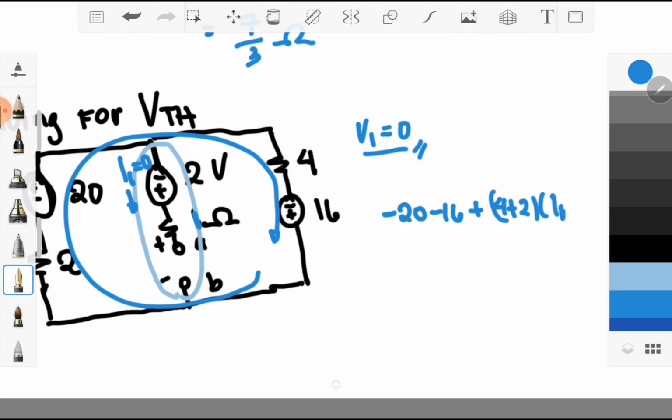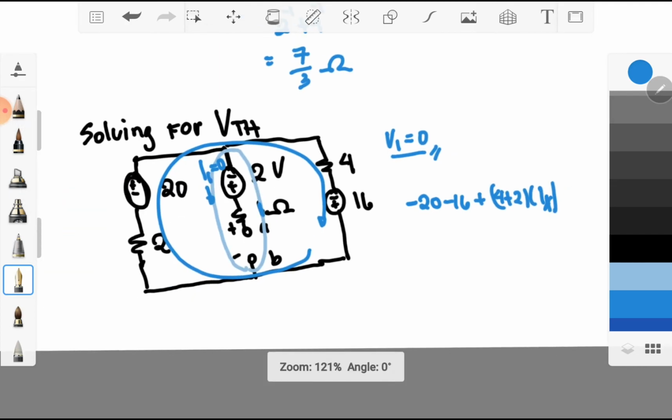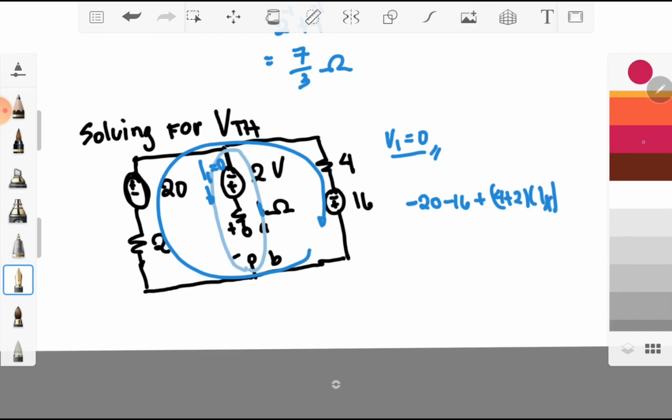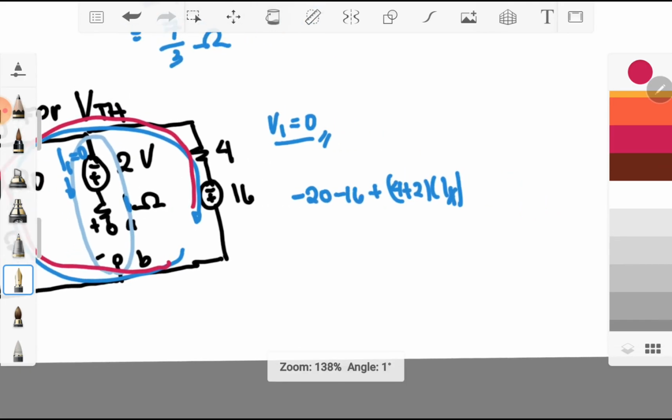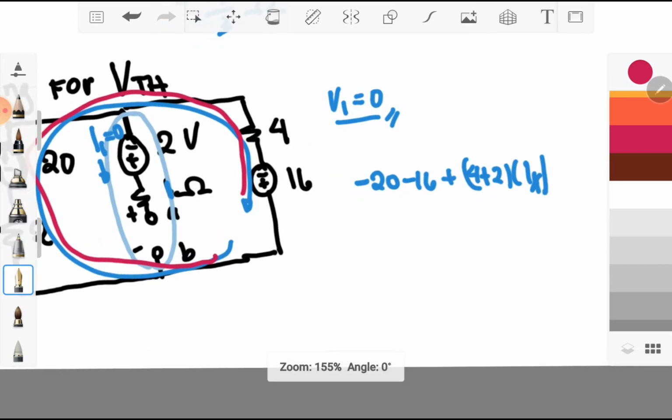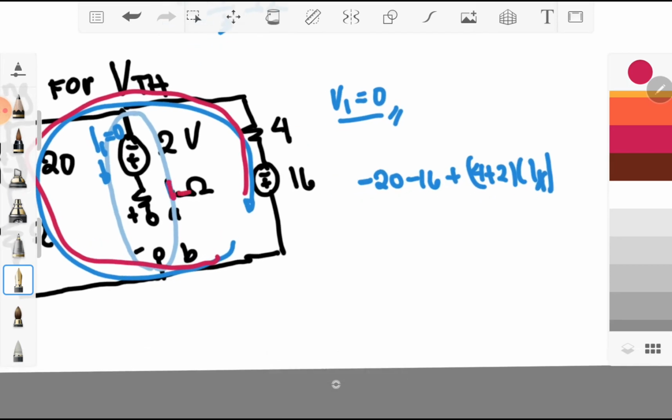I1. Let's say IX. Okay, so I will denote that the current of this loop will be IX. Okay, so that we won't be confused with I1, because your I1 is already here. Your I1 at 1 ohm.